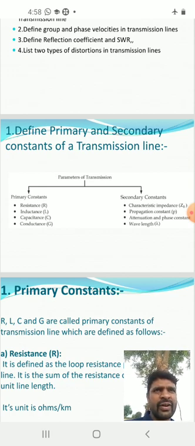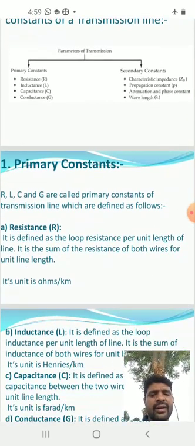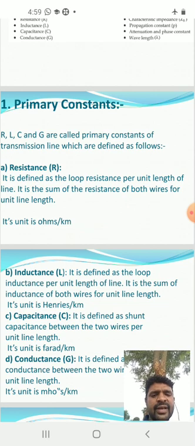That is, in the equivalent circuit diagram of a transmission line, R, L, C, G are the primary constants, which are directly taken from the values of the resistor, inductor, capacitance and conductance. Secondary constants are derived from the primary constants R, L, C, G. Primary constants: R means resistance, L means inductance, C means capacitance, G means conductance.